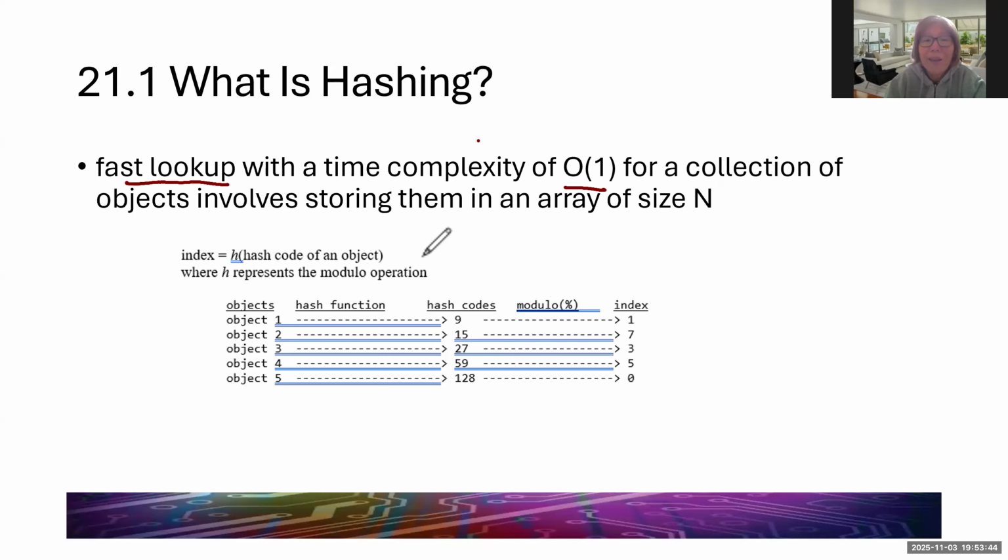The idea is: you apply an object to a hash function, and then we do some operation that generates the index.